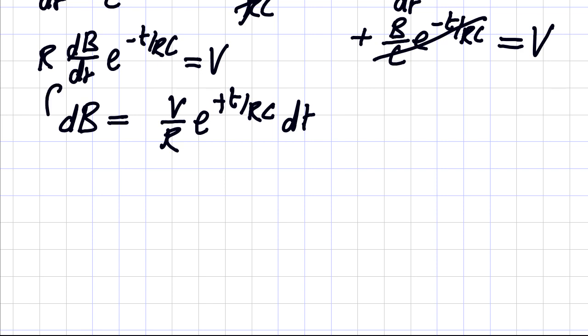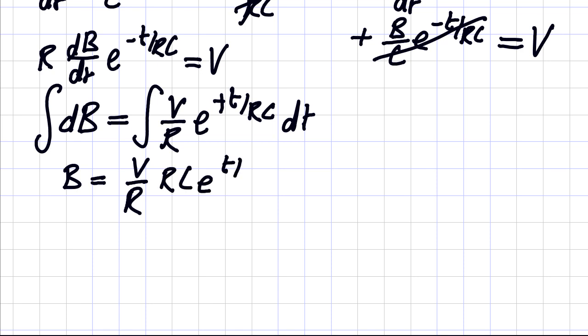I'm going to integrate each side to get that B is V over R times RC e to the t over RC plus a constant of integration, which I'm going to call D.